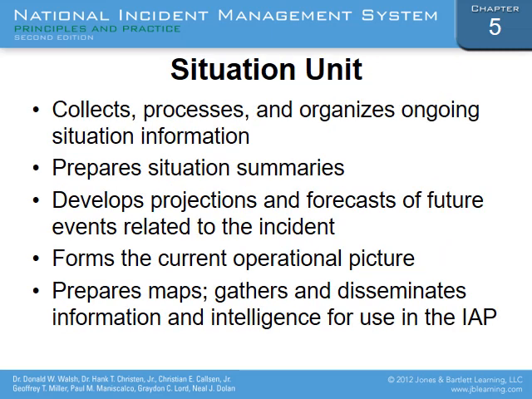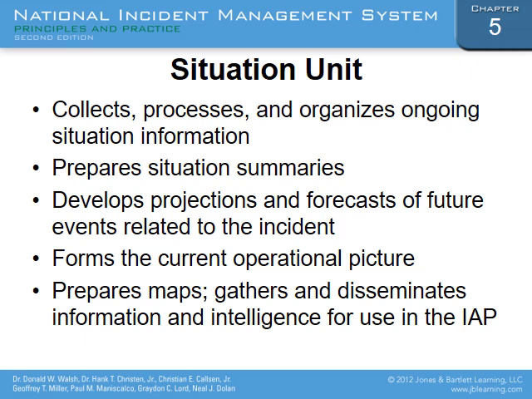Okay, another group that you may have, and remember, all these positions or sections may or may not be staffed depending on the size of the incident, but the functions still need to take place. So the next group is the situation unit, and since the planning section is kind of the ones that need to know the who, what, when, where, why, and how, this is where the situation unit comes in.